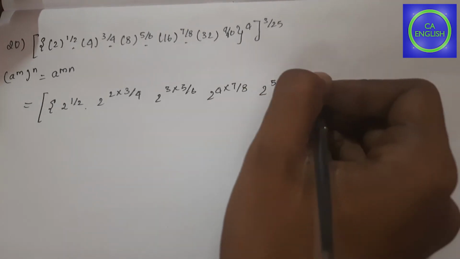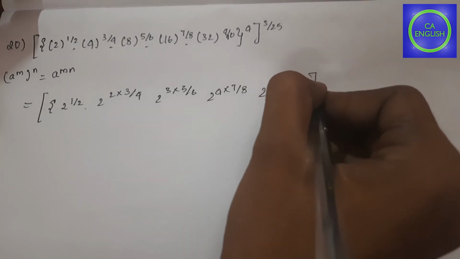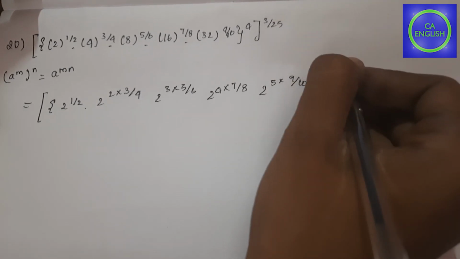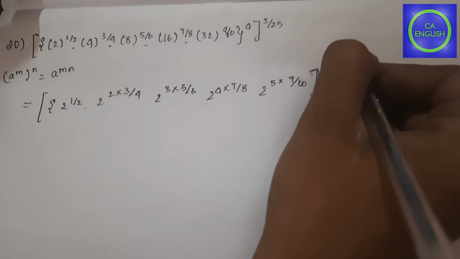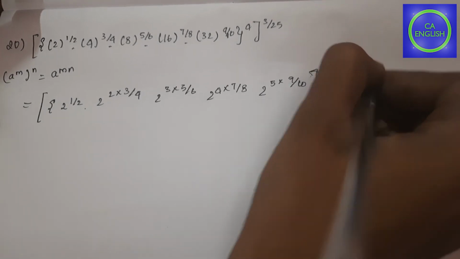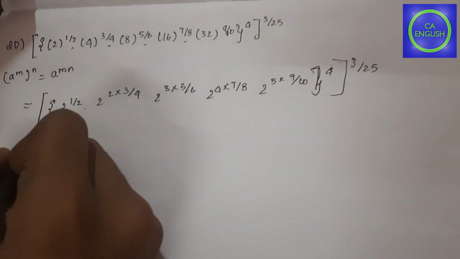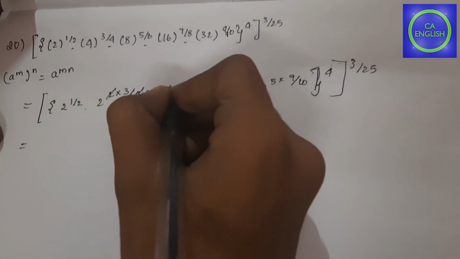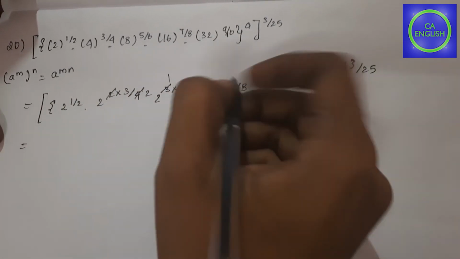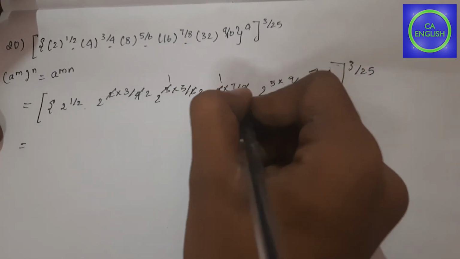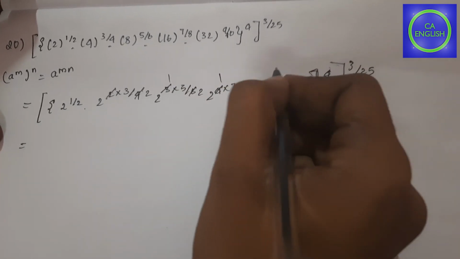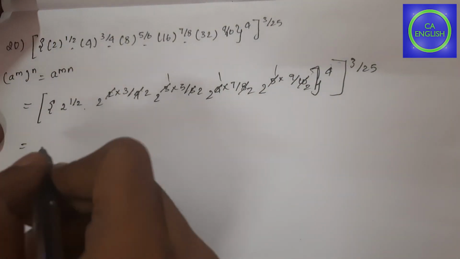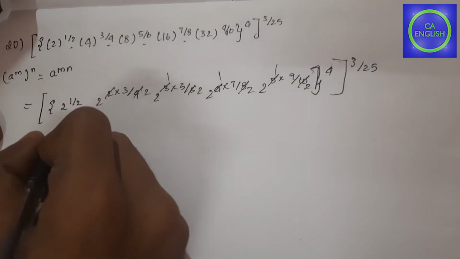Okay, and power of 4 and the whole power of 3 by 25. And the next step we are going to simplify. 2 into 3 by 4, 4 into 2 is equal to 8, 5 into 2 is equal to 10. Next we cannot cancel anything, just write what is the balance.